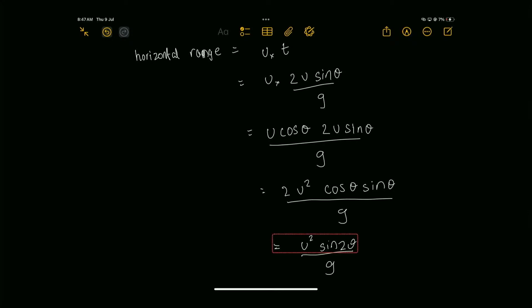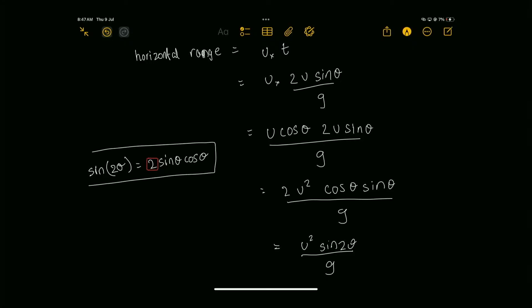In the notes you would see it written like this because of our identity: sine of 2 theta is equal to 2 sine theta cos theta. When you're doing maths, trigonometry, you would see this. So this is why in the notes we have it written as the final value there.